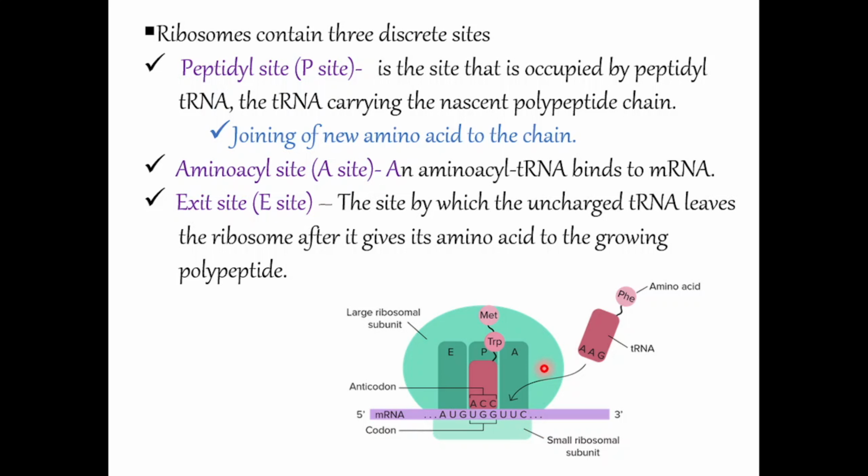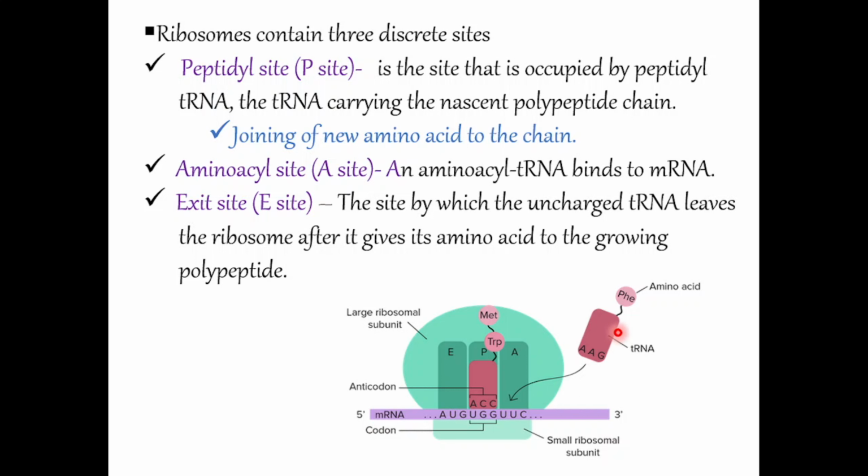So here at the A site, the amino acid transfer RNA binds to the messenger RNA. Mind you, protein synthesis is not only the role of transfer RNA or ribosome, it is the role of many components. There is transfer RNA, messenger RNA, and again a ribosome.